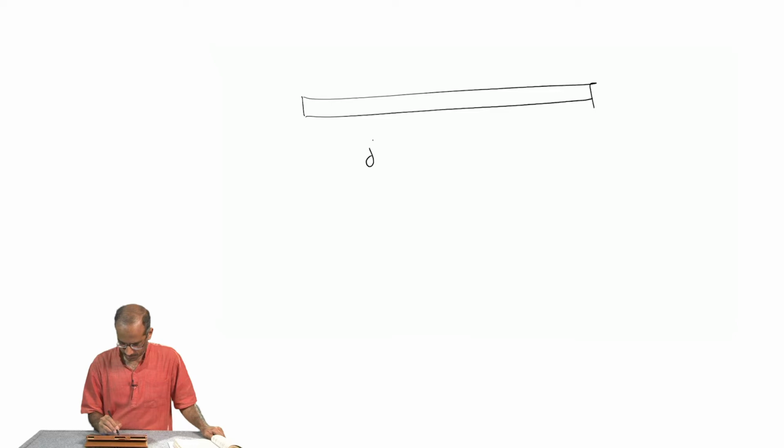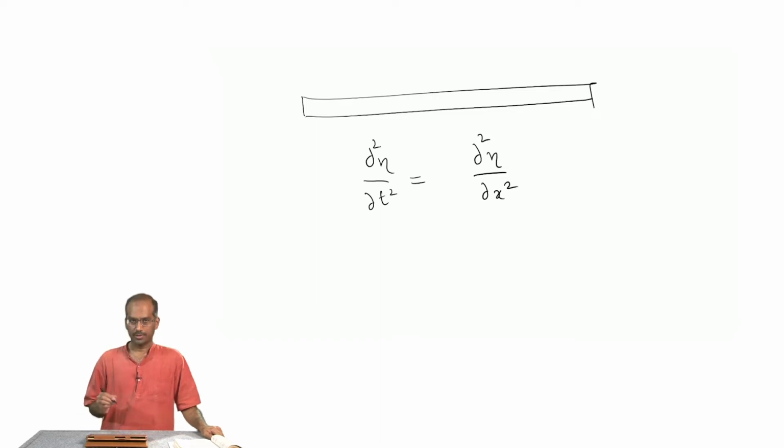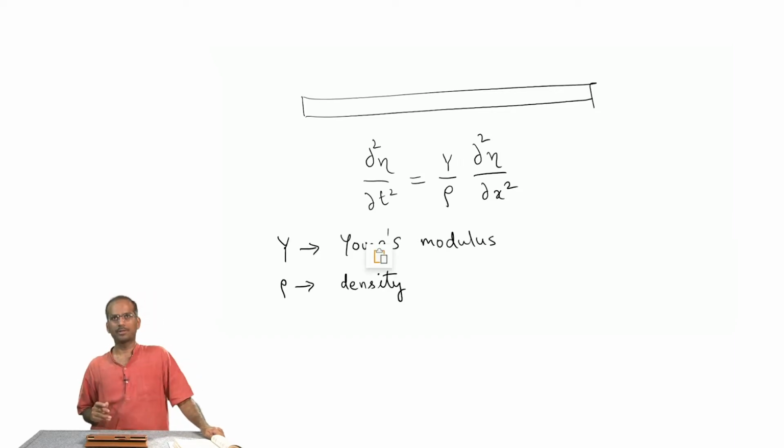Hence, we can still be fine with del squared eta by del t squared being proportional to del squared eta by del x squared. Here the proportionality constant will be bulk modulus by rho, but bulk modulus should be replaced by Young's modulus divided by rho. Young's modulus is of course stress divided by strain.